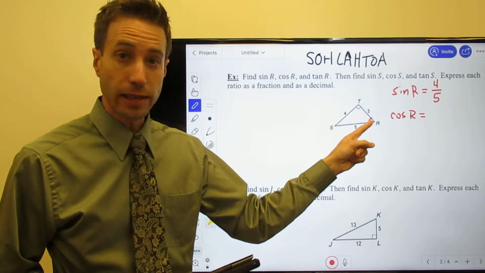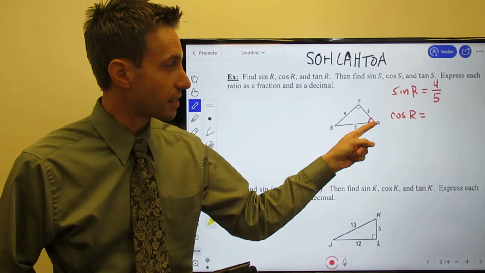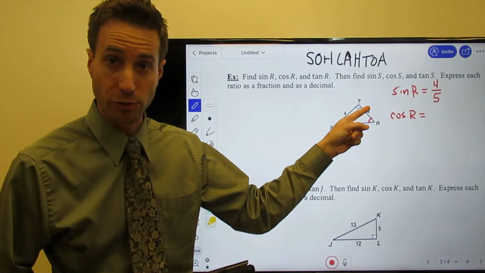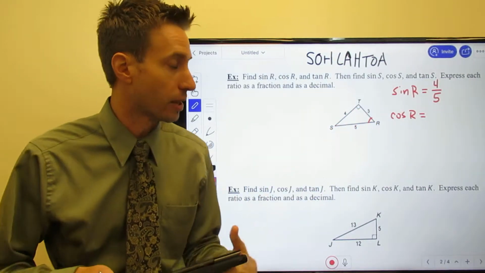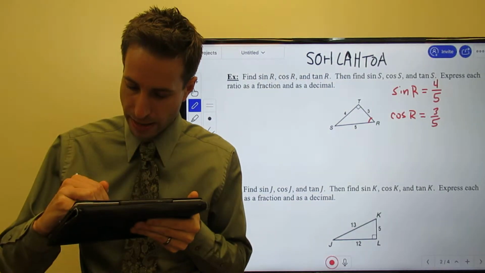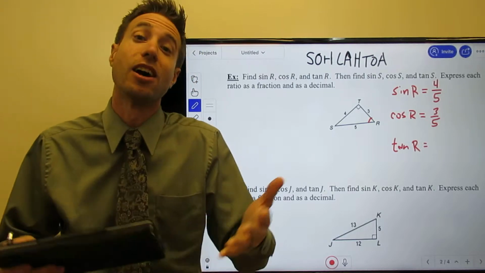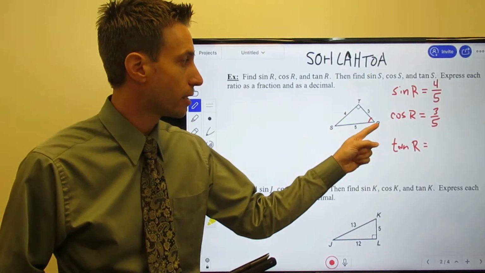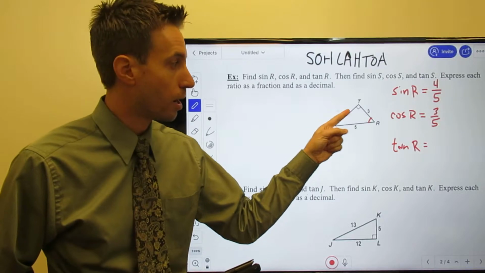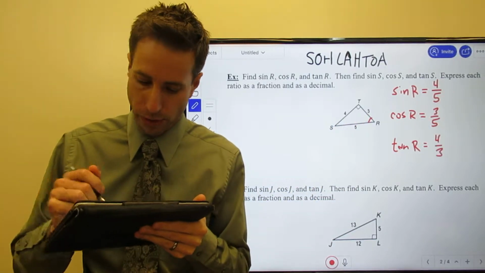Well, cosine is adjacent over hypotenuse. If this is angle R, the adjacent side would be 3. Again, the hypotenuse is the longest side, so 3 over 5. And then tangent, our good old friend tangent, we talked about in the last lesson, opposite over adjacent. Here's R, opposite is 4, adjacent side is 3, 4 over 3.